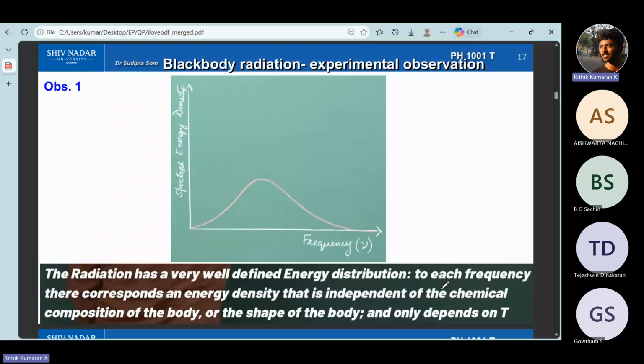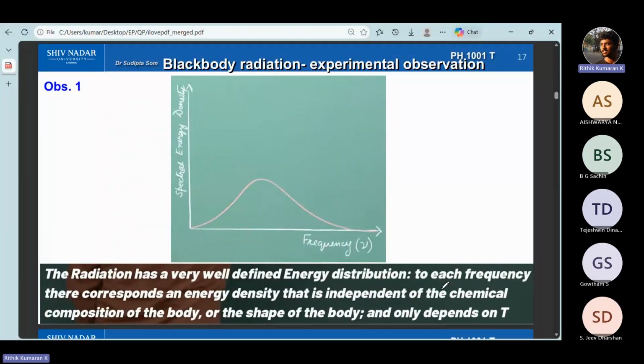Next, observe this graph carefully, which has spectral energy density versus frequency. Spectral energy density is basically the energy per unit time per unit area. Okay. So the first observation you could make is that this forms a smooth curve, and you could see this curve does not depend on the composition of the material.